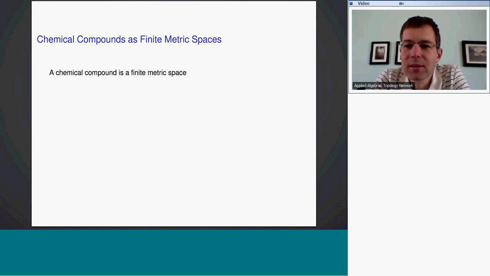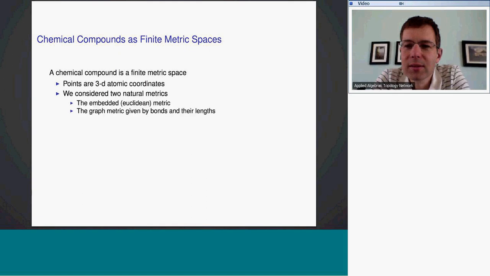So, back to my hand. A chemical compound is a finite metric space. So the points have atomic coordinates in 3D. There are metrics we're going to look at.